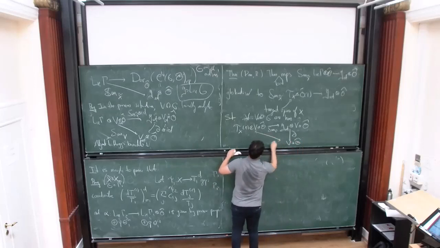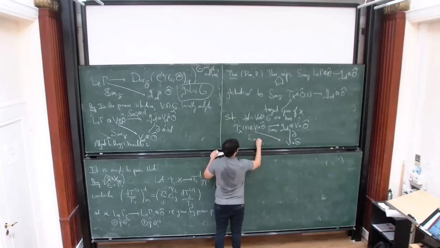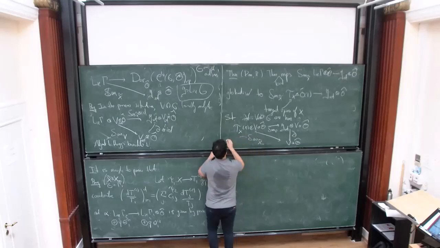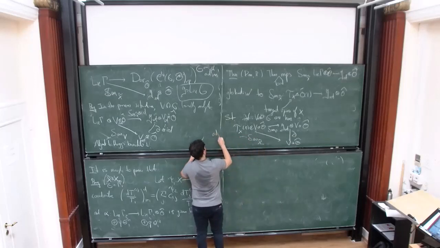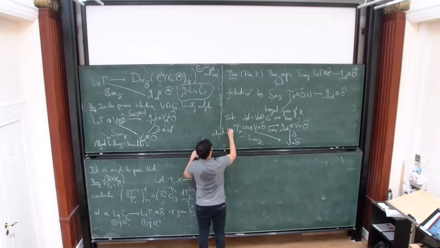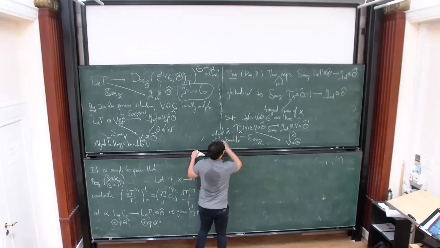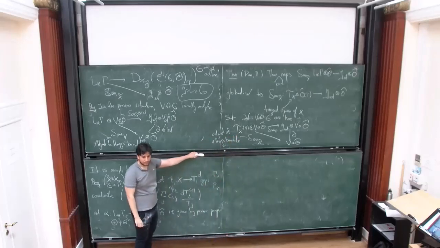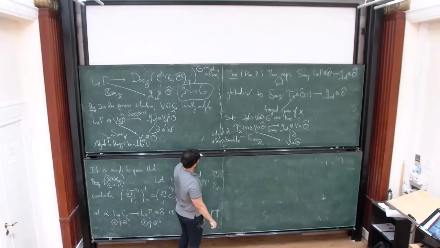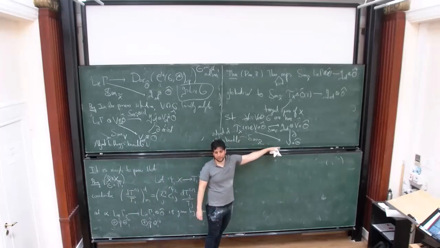And then you're going to define an adjoint to this one. What do we have? This one was there in the differentials.